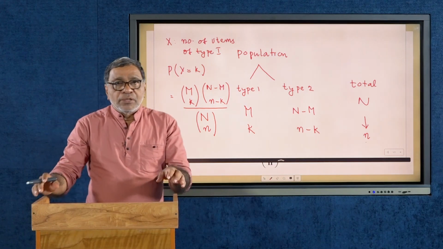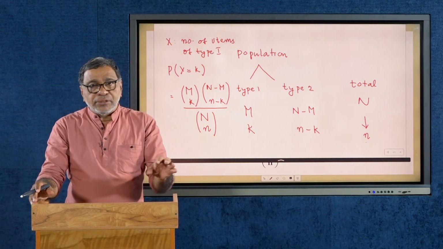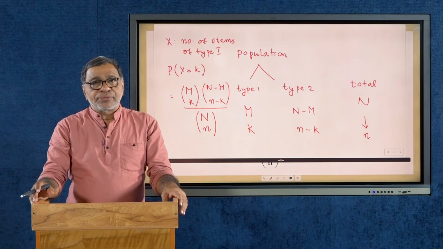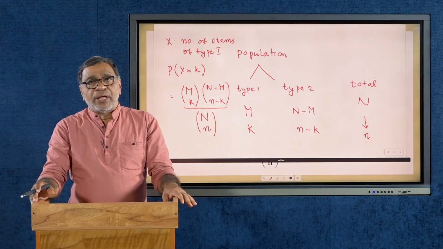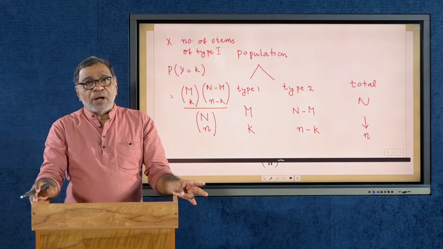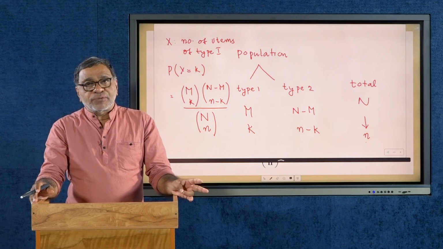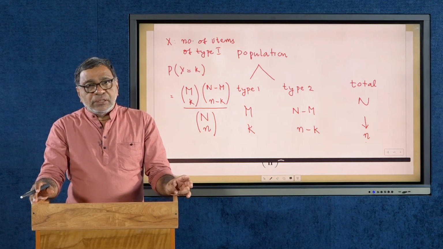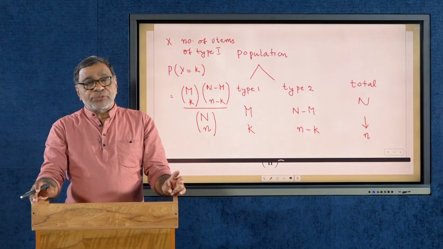So remember, when we have a population having two different types of items, and suppose the population consists of N items, of which M are of type 1 and N minus M are of type 2, what is the probability of getting k number of type 1 items?